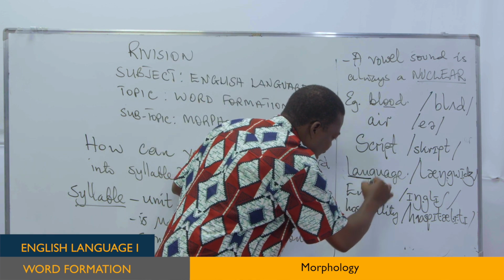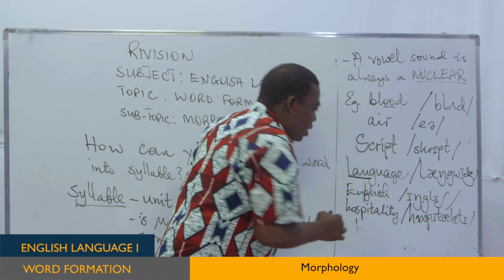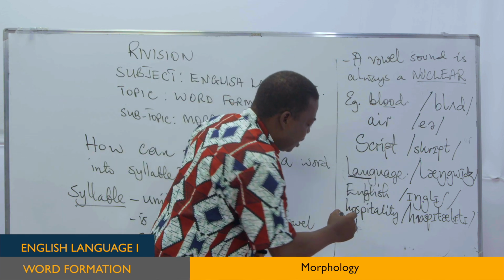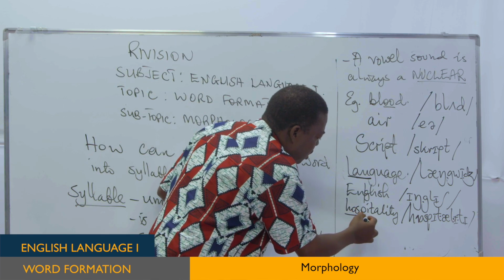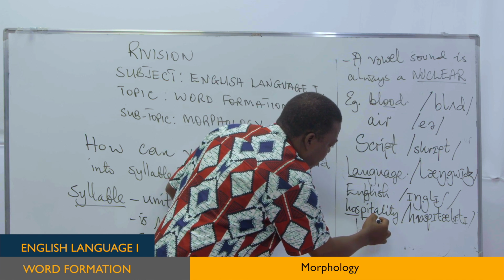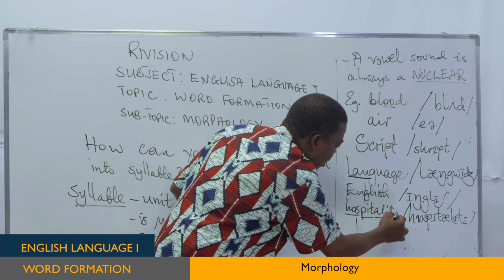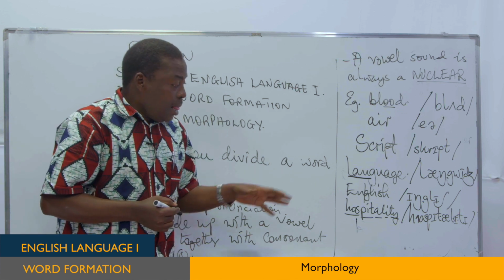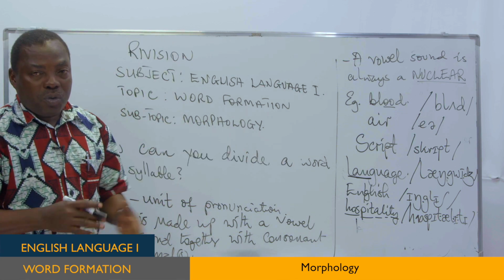English. The first syllable is this one. Hospitality. Then you have hos, pit, al, e, t. That is how it goes.